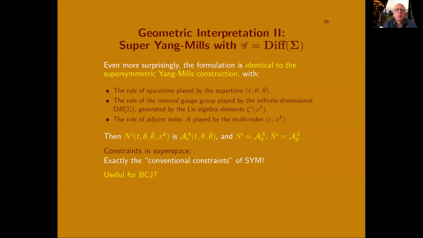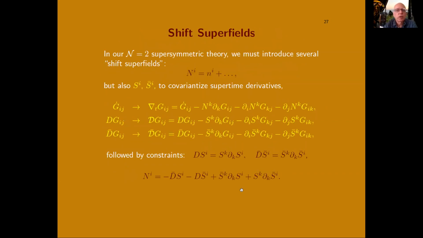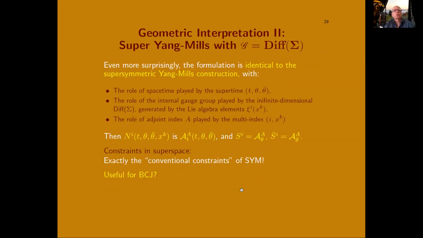So you fix sigma and you formally define this infinite dimensional, at least Lie algebra of diffeomorphisms of sigma. And when you perform this conventional standard construction of super Yang-Mills in superspace, including introducing super connections associated with this, you then, in retrospect, get on the nose the construction that we found. And I find this surprising. I don't see there was any reason why the conventional super Yang-Mills construction should be extendable so directly to the case of spatial diffeomorphisms as a gauge symmetry. It would not work with all space-time diffeomorphisms.